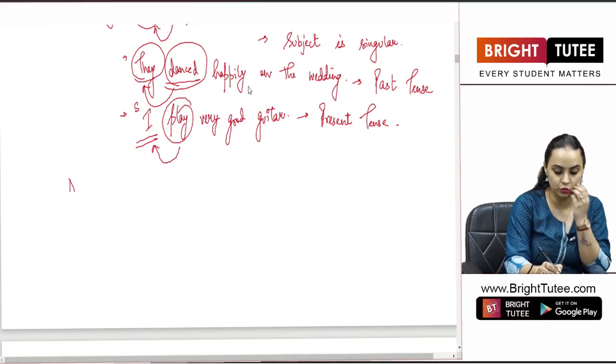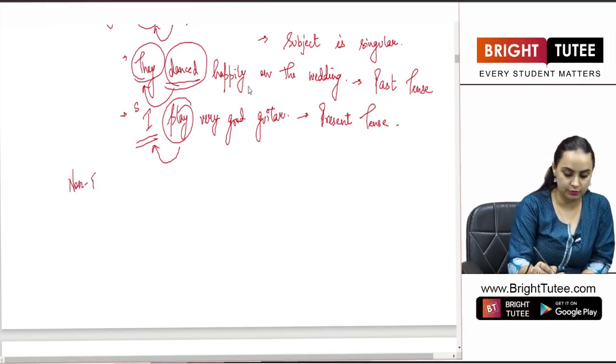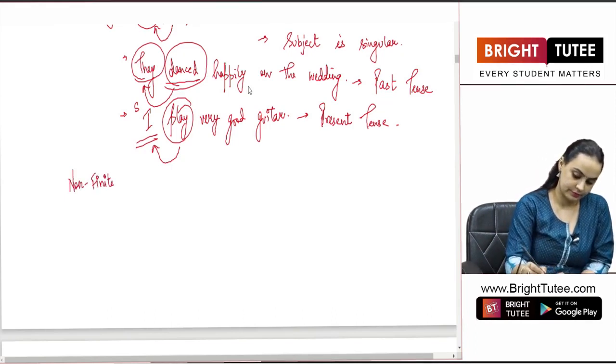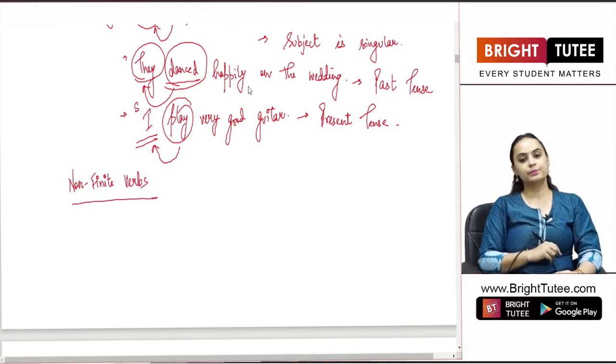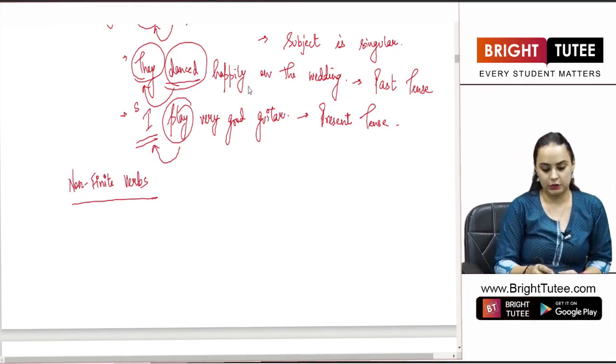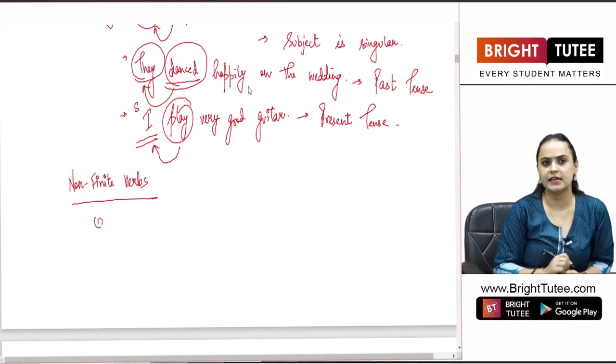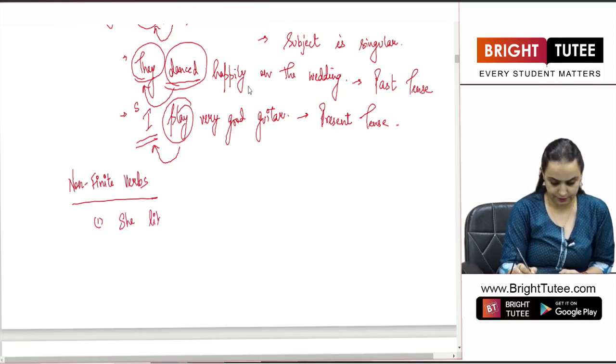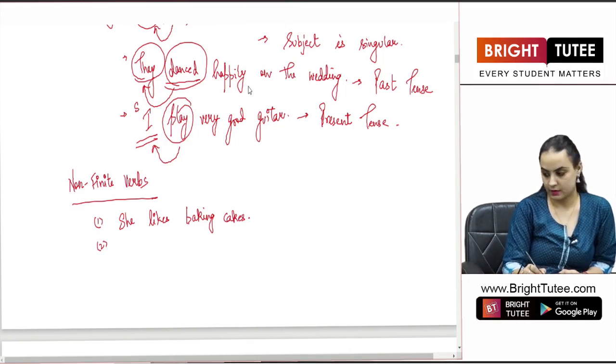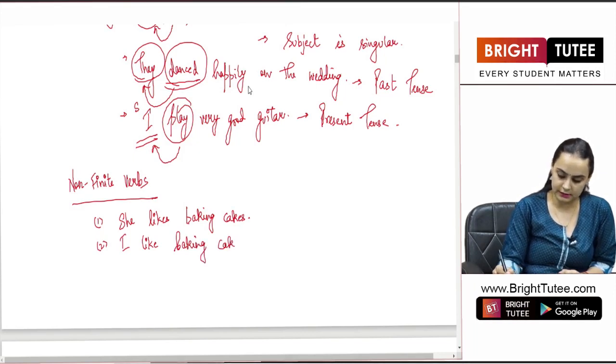Now let us come to the non-finite verbs. Before I explain to you about the non-finite verbs, I am writing a few sentences on the screen. She likes baking cakes. I like baking cakes.